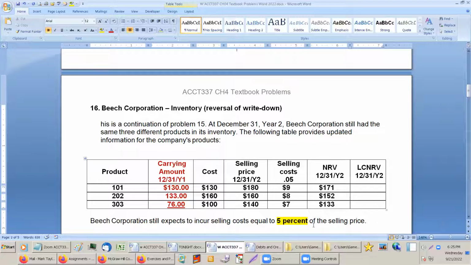Okay, so lower of cost or market. Carry amounts, and then we have these in the books. We're not comparing that.